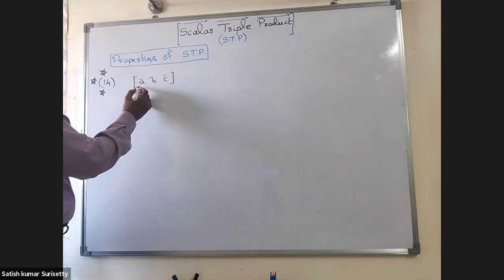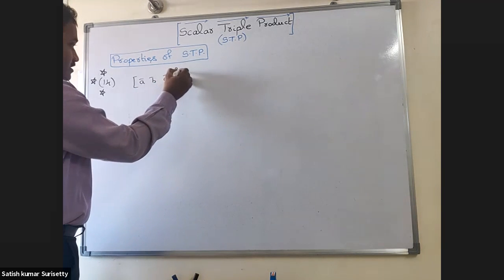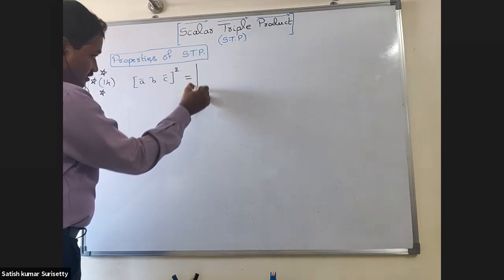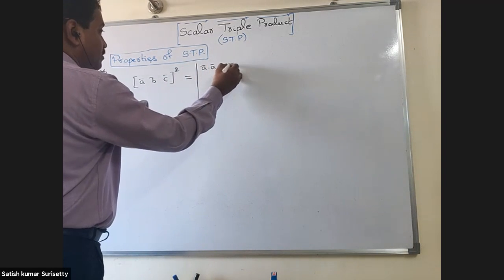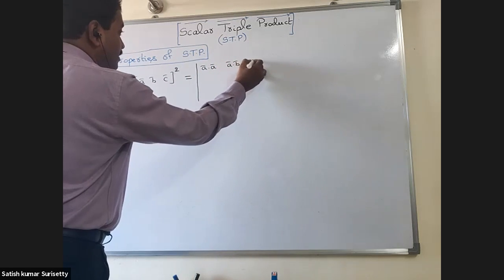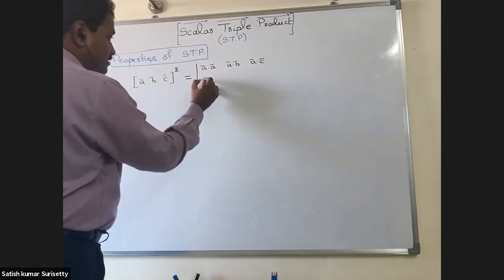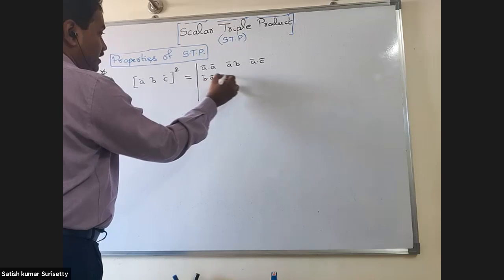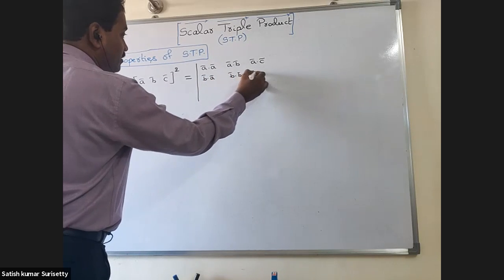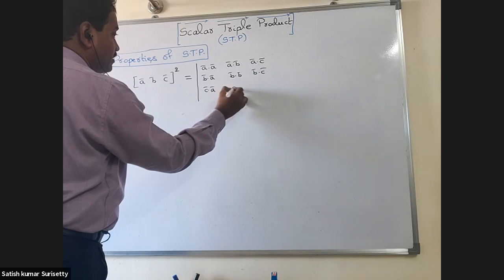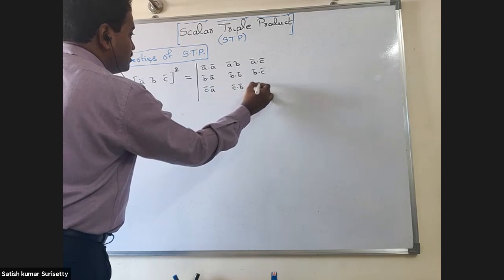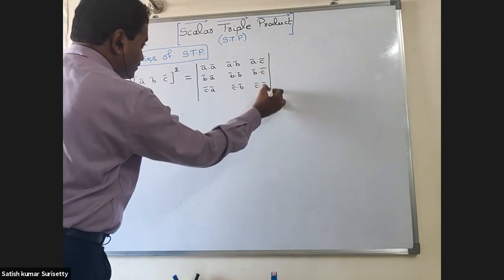Scalar triple product of A bar, B bar, C bar whole square equal to the 3 by 3 determinant: A bar dot A bar, A bar dot B bar, A bar dot C bar; B bar dot A bar, B bar dot B bar, B bar dot C bar; C bar dot A bar, C bar dot B bar, C bar dot C bar.